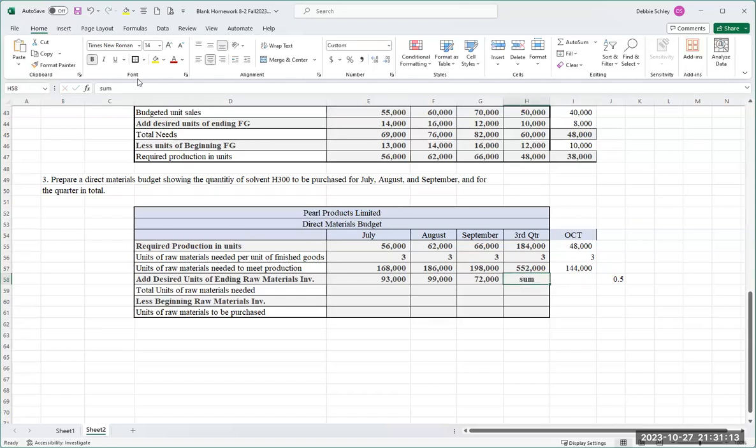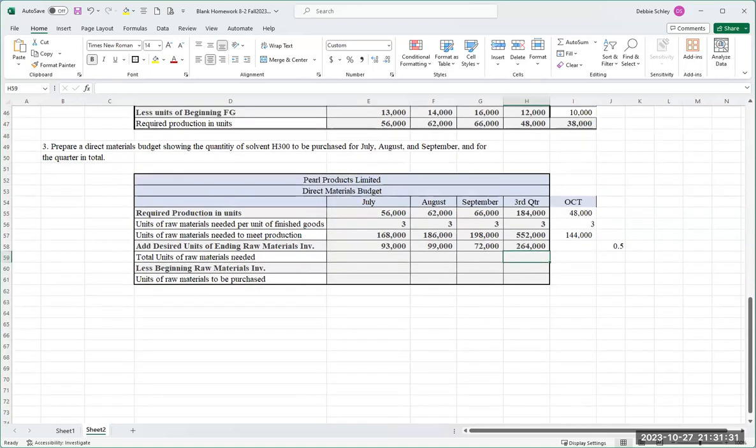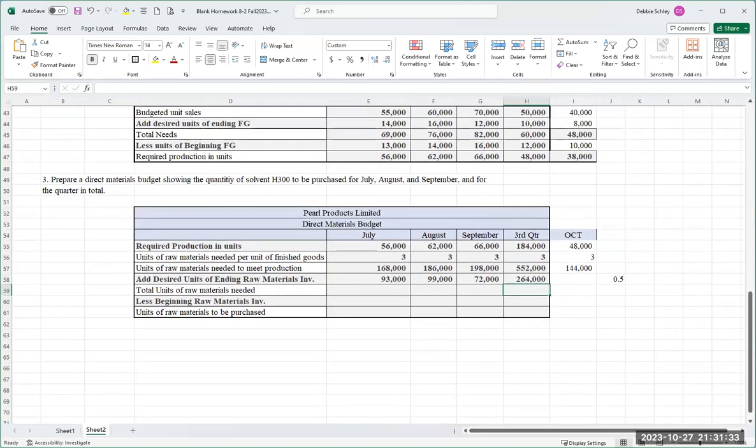Don't forget the equal sign. Equals sum, this one and this one.